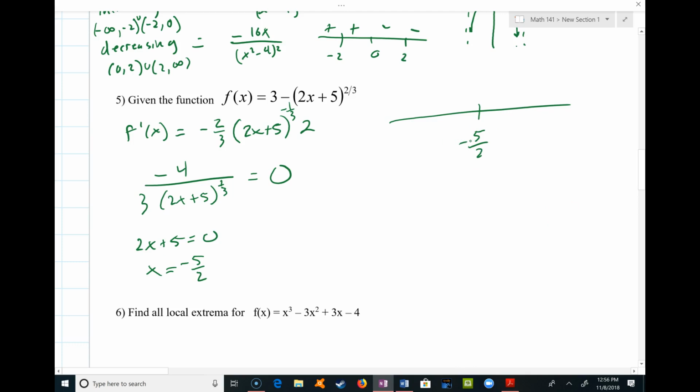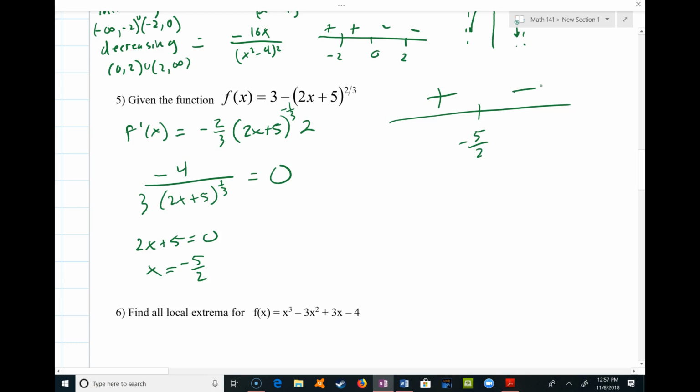So now if we look at this thing, the top is always negative 4. The bottom could change. If I put a large negative number in here, this 2 times a negative 100 is going to be negative. So that would be a negative over negative, which would give me a positive. If I plug in a number like 0 here, the bottom is positive, so I've got a negative divided by a positive, which is a negative.